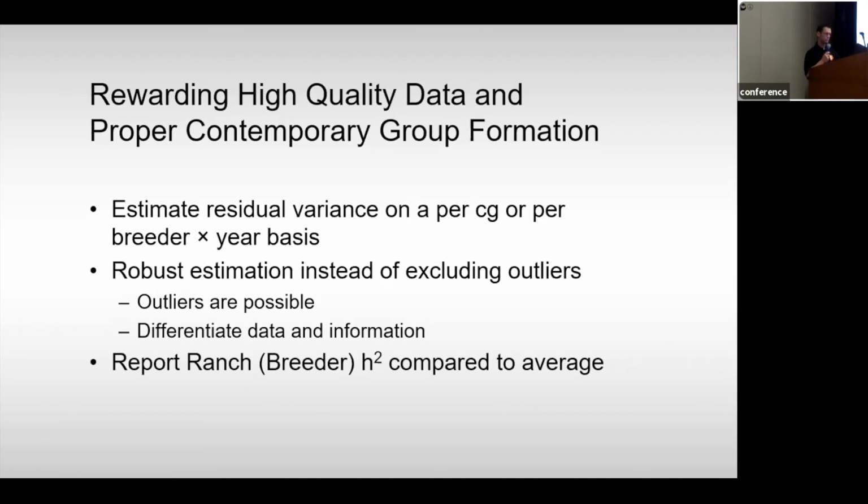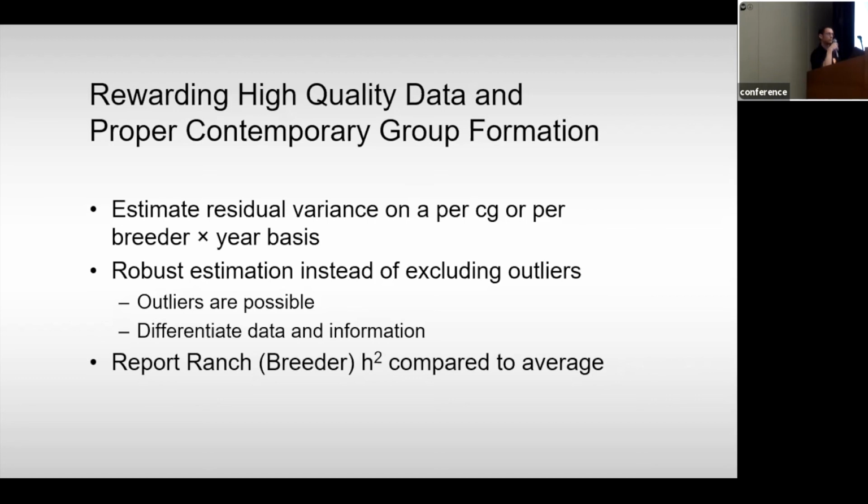And residual variance adds to the denominator of heritability. And so more residual variance means a less accurate prediction. And so breeders who are doing a good job will have data that fits the model a lot closer, and that'll have lower residual variance. And that will result in having higher reported accuracies and having EPDs that are more accurate at helping you to make the correct breeding decisions.